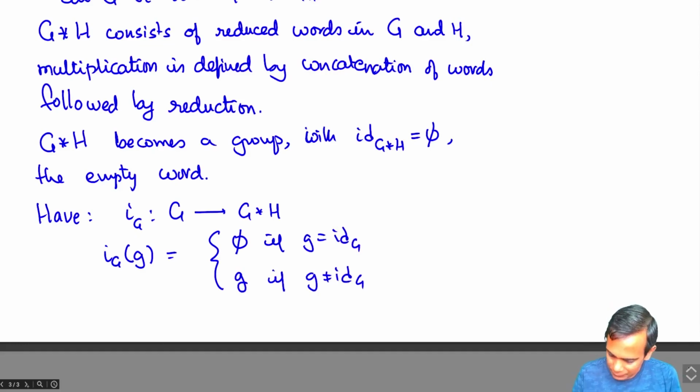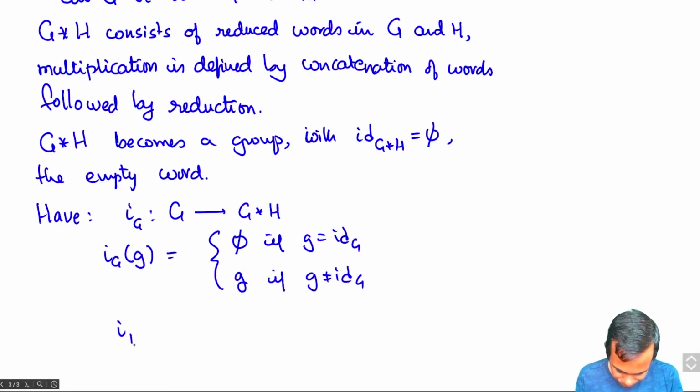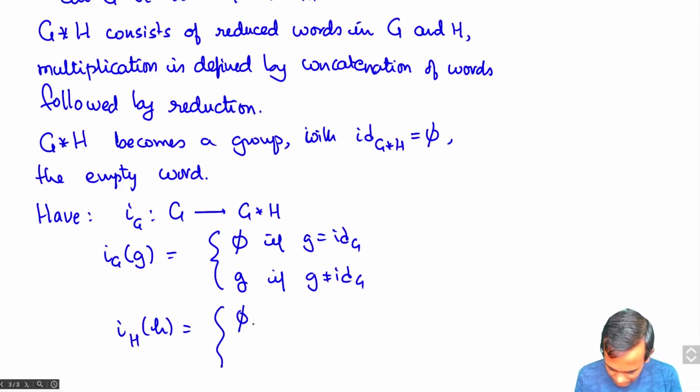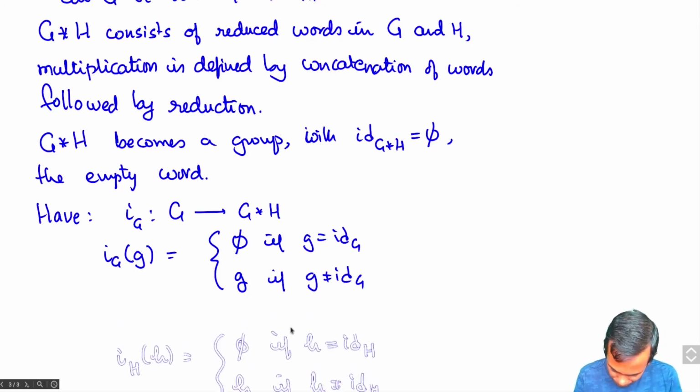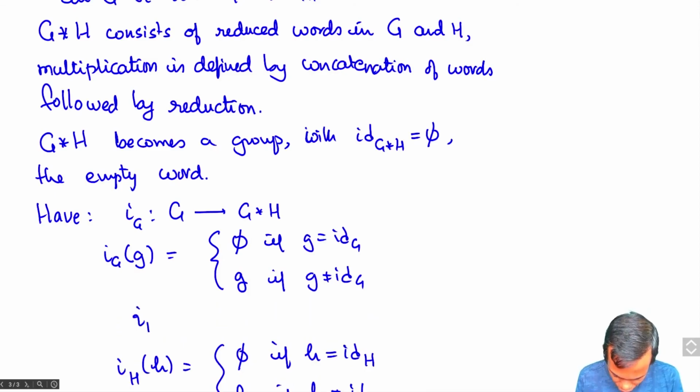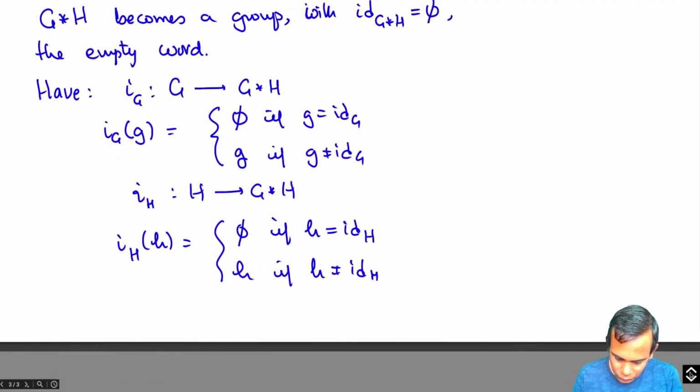And similarly, the map IH from H is the empty word if h is equal to the identity of H, and h if h is not equal to the identity of H. So this defines the map IH from H to G star H.